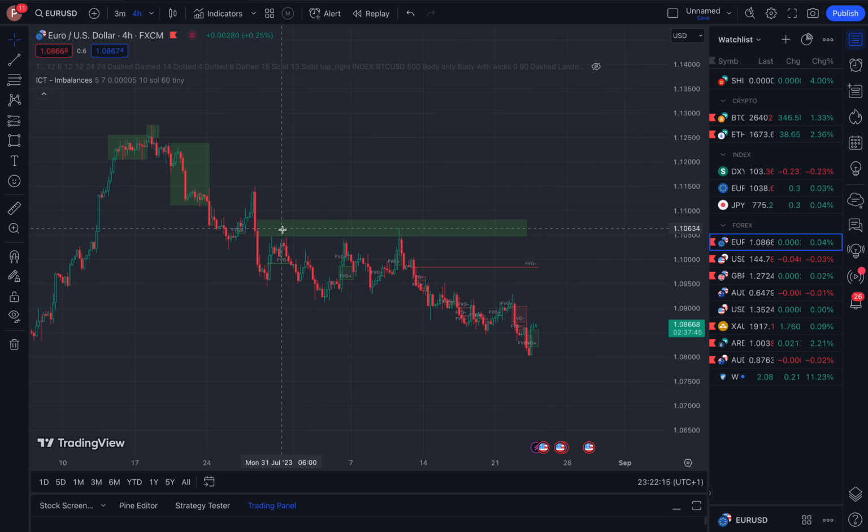Sort of was tapped, but either way, what happens is places or areas of large candles create imbalances, and price tends to gravitate towards those candles that don't have any wicks to them. So for example, here and here, I was very surprised we actually didn't tap into this, but again, it can always come back at a later stage.